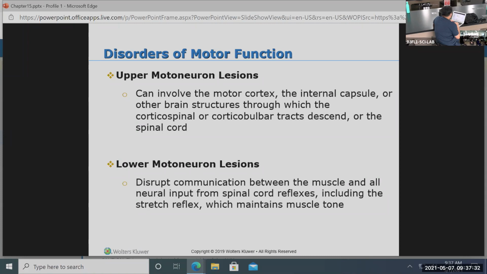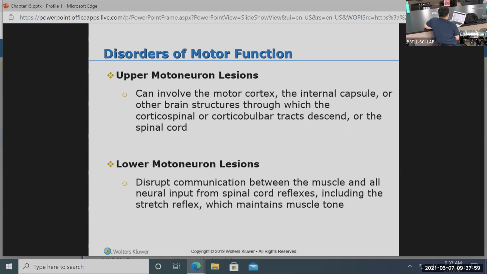Now, if you look at the lower motor neuron lesion, the lower motor neuron starts from the motor neuron which exits through the ventral root of the spinal cord. Then the motor fibers are going to the destination, that is my lower motor neuron.